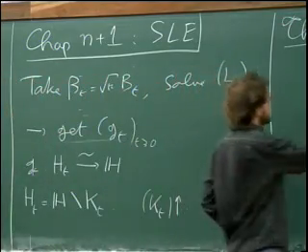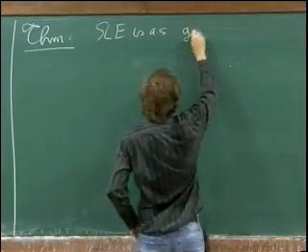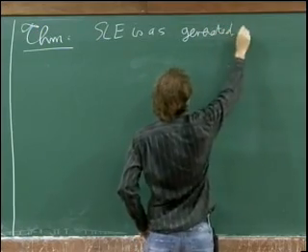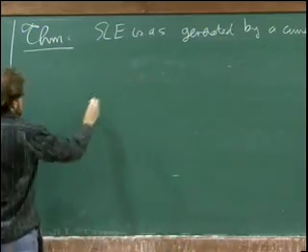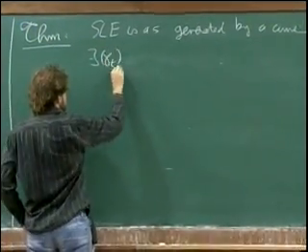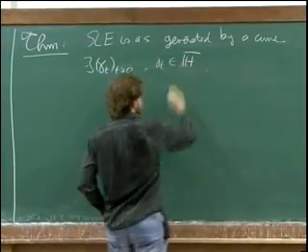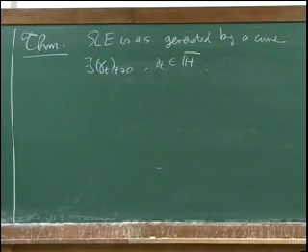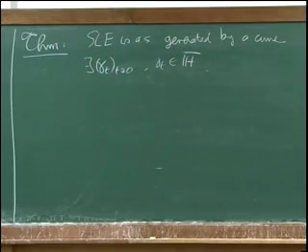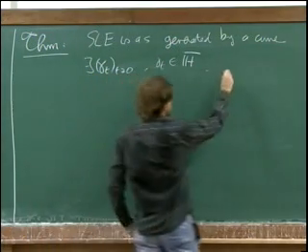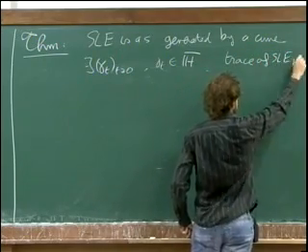And the theorem is that SLE is almost surely generated by a curve. So there is gamma_t, maybe not inside the upper half plane, but maybe on the boundary, which generates the compact set K_t by filling the loops, if there are loops. And this is called typically the trace of SLE kappa.